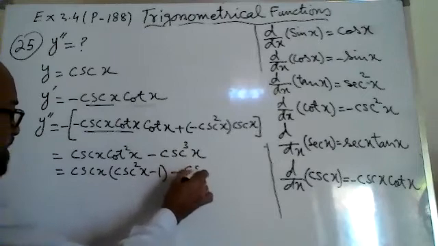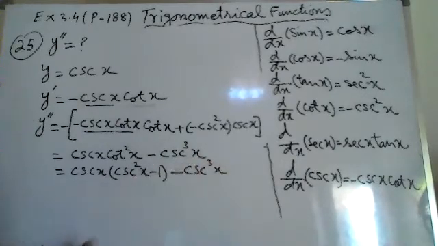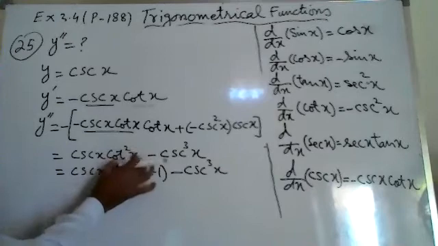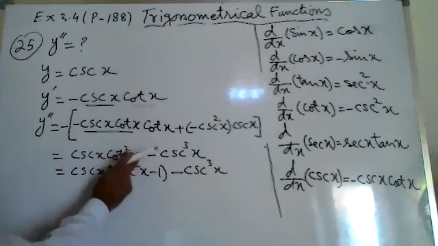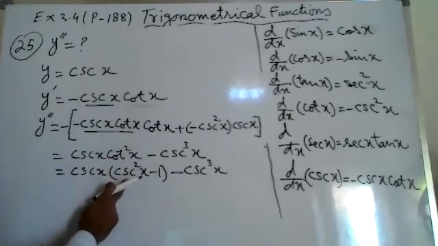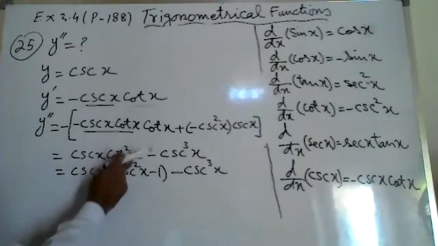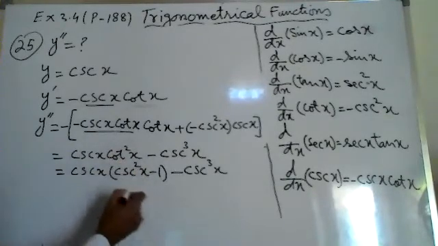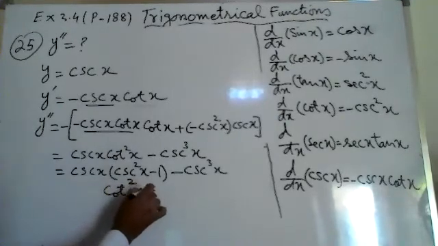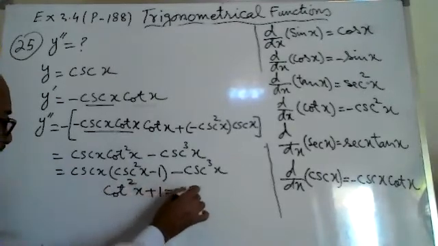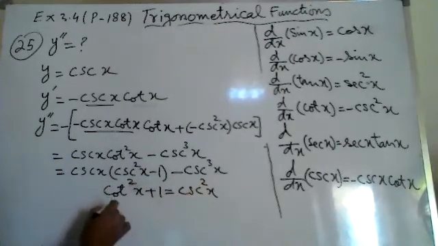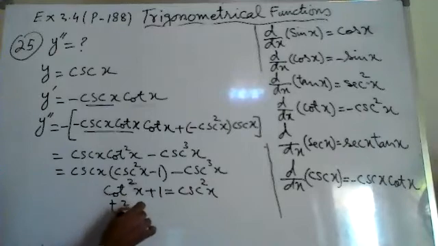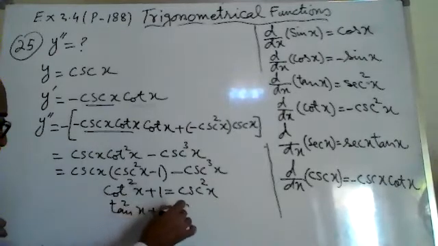Minus cosec cube x. This is the trigonometrical formula: cot square x plus 1 is equal to cosec square x. So 1 is shifted on that side. The formula is cot square x plus 1 is equal to cosec square x. In the same way, tan square x plus 1 is equal to sec square x.